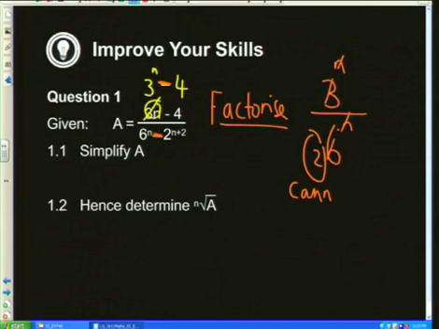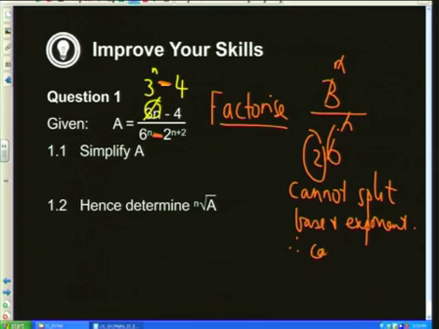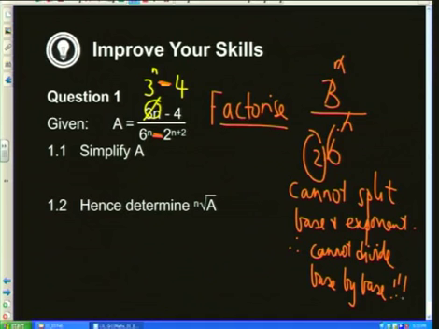You cannot split the base and the exponent. So we cannot divide base by base or exponent by exponent. Okay, so that is the greatest mistake, the most often mistake.